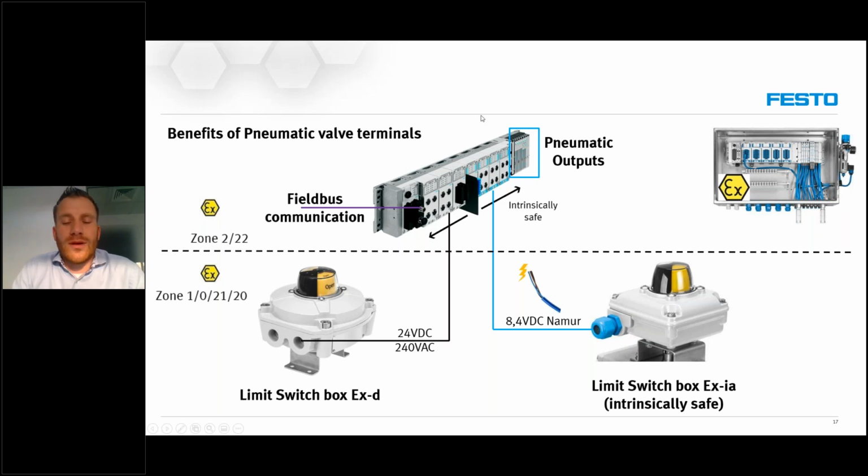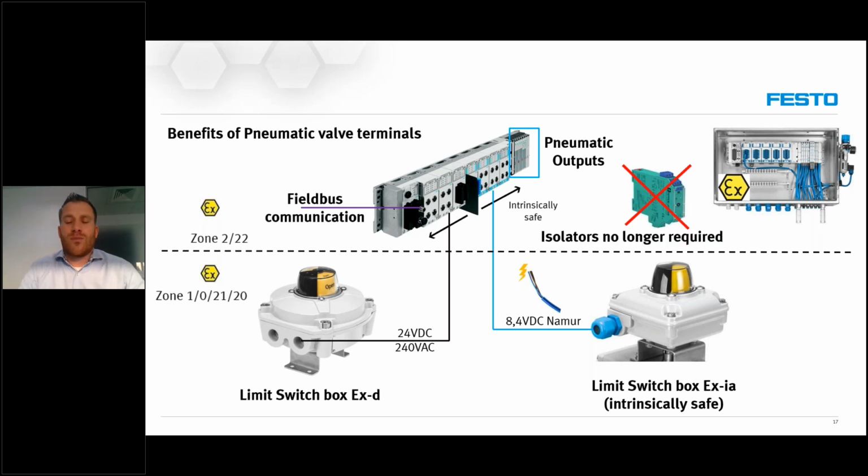Because of this integrated barrier, where we can handle up to 8 digital inputs per module, we are able to avoid the isolators or barriers which are normally used to separate the non-intrinsically safe and the intrinsically safe parts within the zones. This is a direct cost saving when multiple digital inputs are being considered.